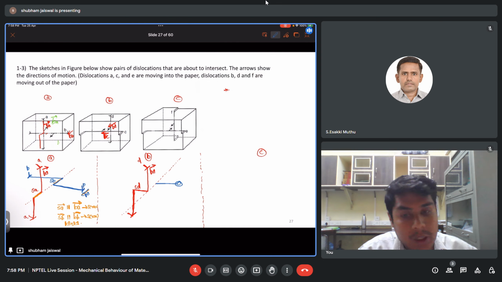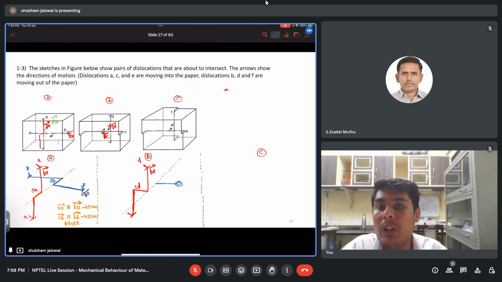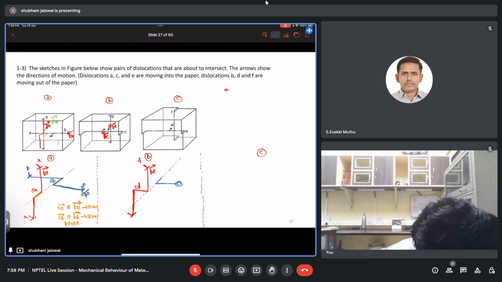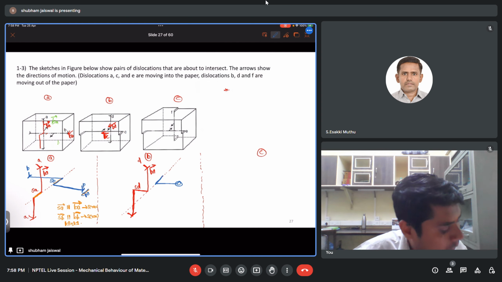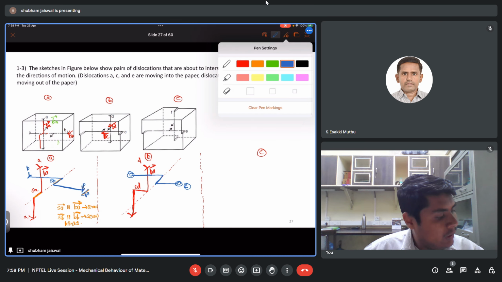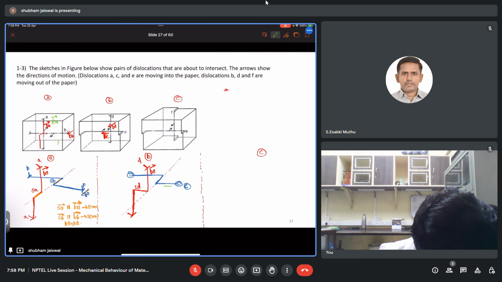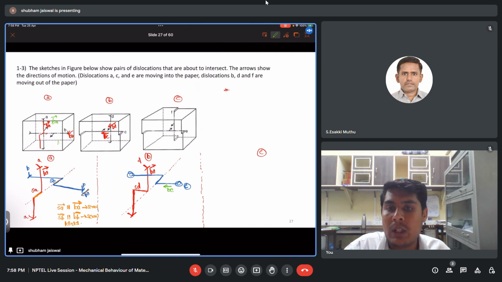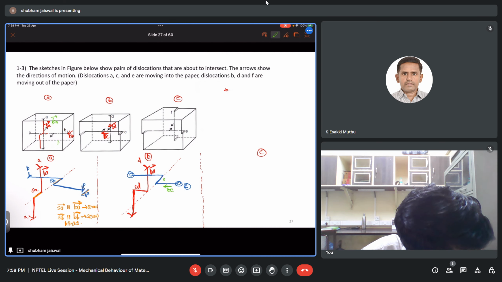Okay, so this is the direction of Burgers vector D, meaning it is going inside the paper. So it creates a step here and the remaining dislocation will be the same. So this is my C dislocation and the Burgers vector will be in this direction, BC. Okay, and this is my segment SC.